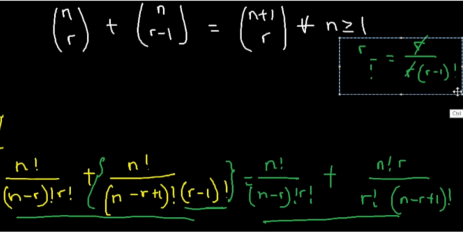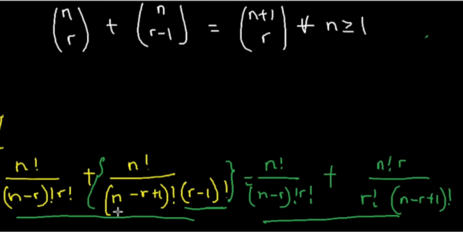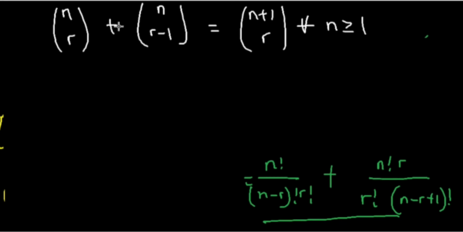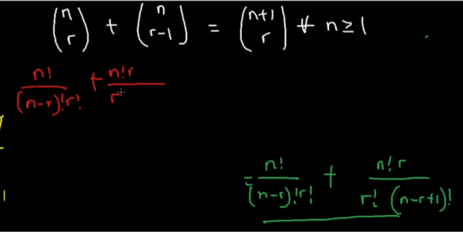So let's clear this part so we can have a clear sheet of the board. Okay, now from here I can as well write this as N factorial over N minus R factorial R factorial plus N factorial R over R factorial into N minus R plus 1 into N minus R factorial.